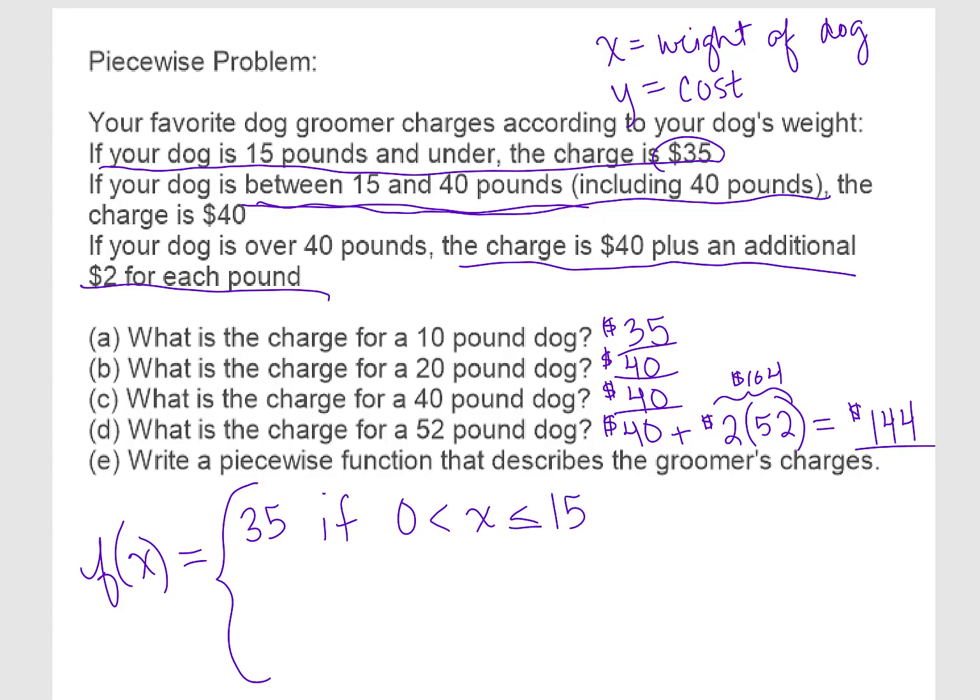So it can be equal to 15. That's why I put X is less than or equal to 15. But then your dog would obviously have to be greater than 0 pounds, right? Otherwise, you wouldn't have a dog. So my output is a fixed 35 if X is between 0 and 15, including 15.